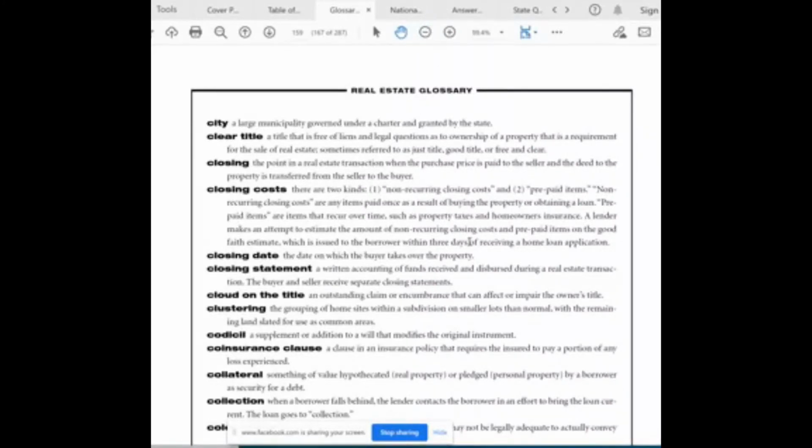Clear title. A title that is free of liens and legal questions as to ownership of a property that is a requirement for the sale of real estate, sometimes referred to as just title. Good title or free and clear. So a lot of us are familiar with a car title, right? When we're selling a car or buying a car, we get a car title.